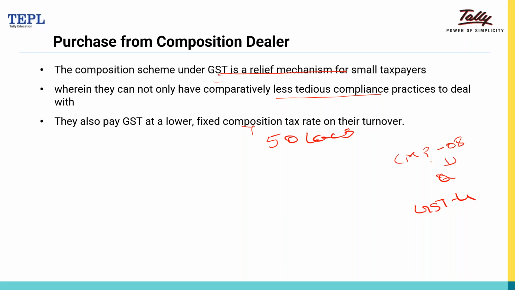On a yearly basis, we have a total of 4 CMP-08 and 1 GSTR-4, a total of 5 returns yearly. But for a regular dealer, you need to file approximately 25 returns yearly, about 5 times more than a composition dealer. That is why we can say this is GST's relief mechanism for a small taxpayer.